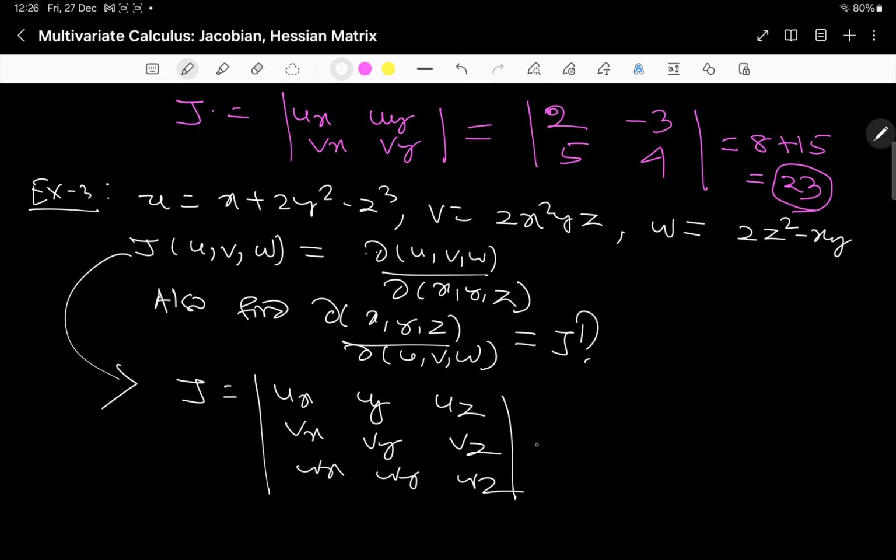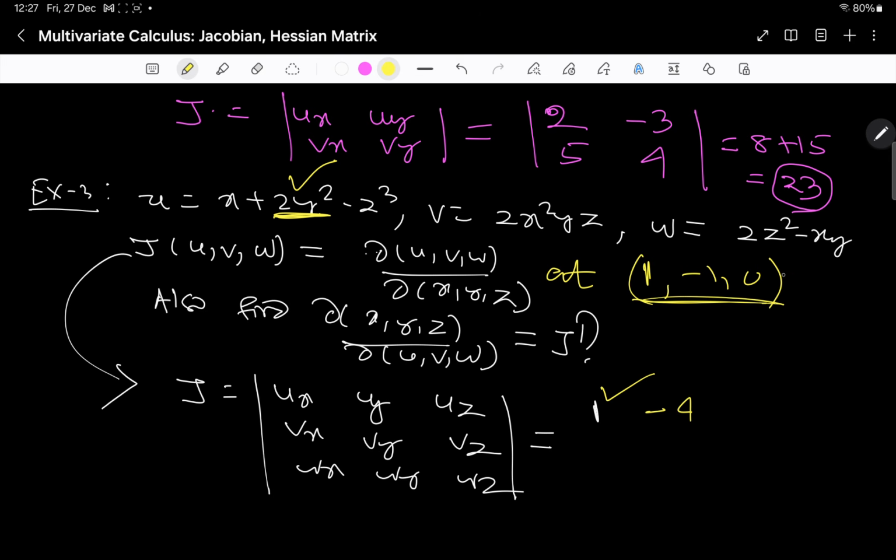To evaluate it at the point 1, -1, 0: Ux is 1. What is your Uy? Uy is 4y, so at -1 it is -4.